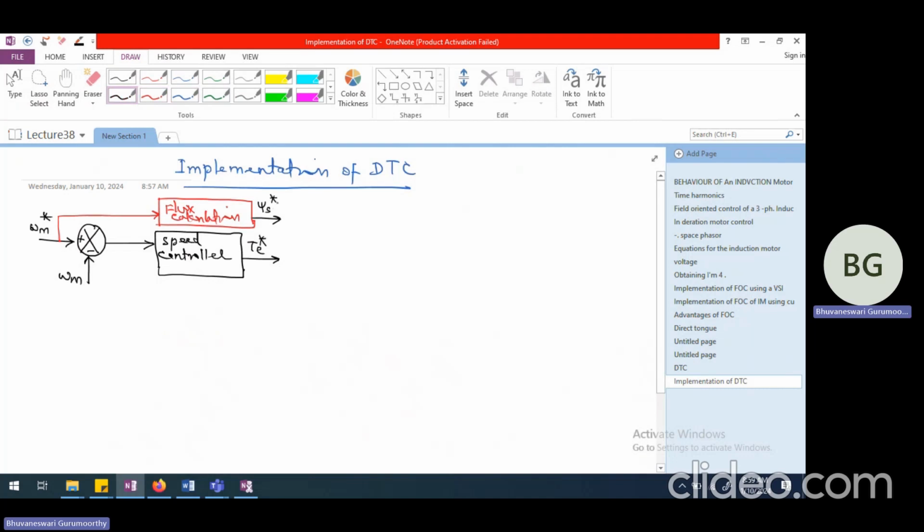Now we are going to have a flux and torque comparator. If the flux error is positive, that is, you have to increase the flux, then you might have to add some more voltage to your stator side so that the flux value increases.